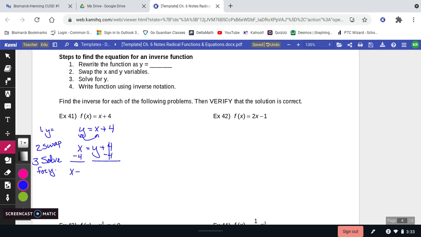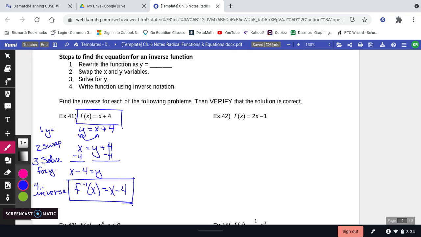And then this would be x minus 4 equals y. And then last step, rewrite it using your inverse notation. So this would be f inverse of x equals x minus 4. Okay, so this equation is the inverse equation to our original f of x.